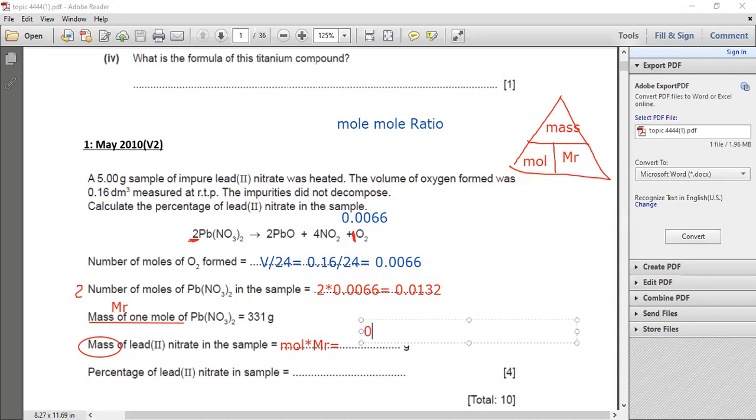So 0.0132 multiplied by the MR. Look what I said: mass of 1 mole means MR. So 331. Multiply them together to give me the answer. 0.0132 multiplied by 331.